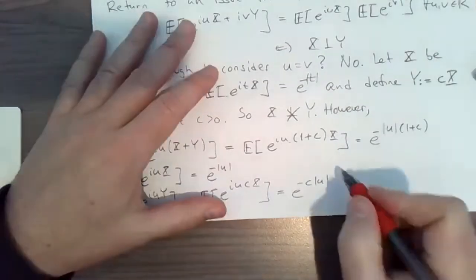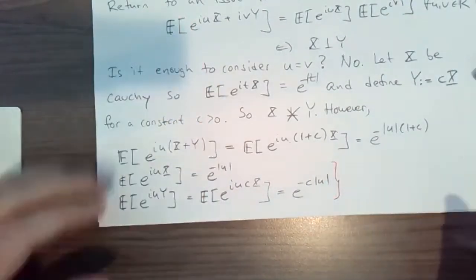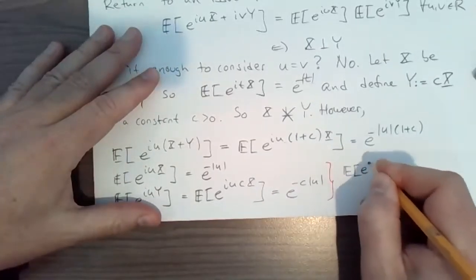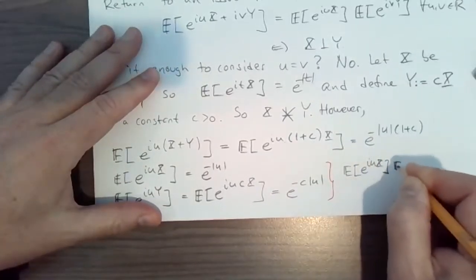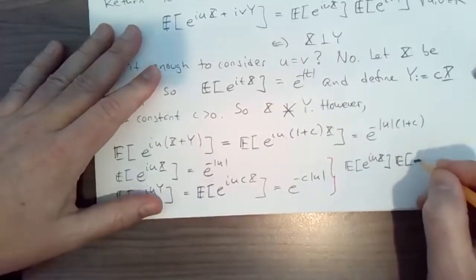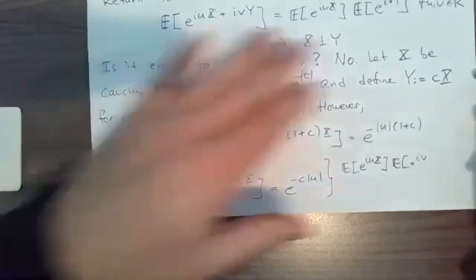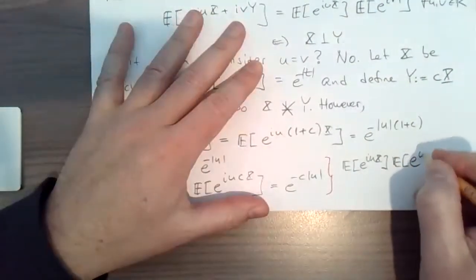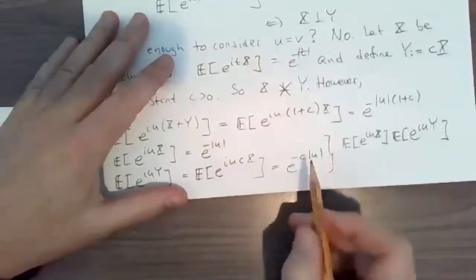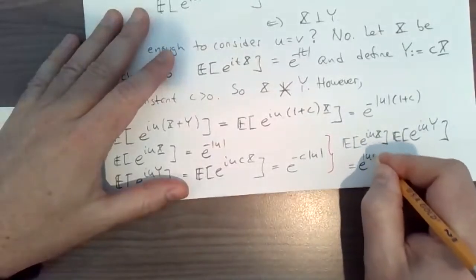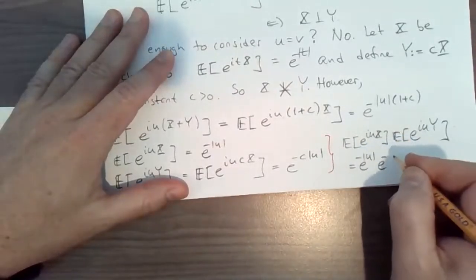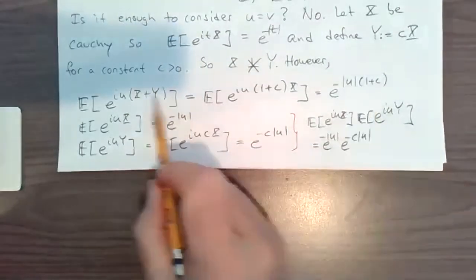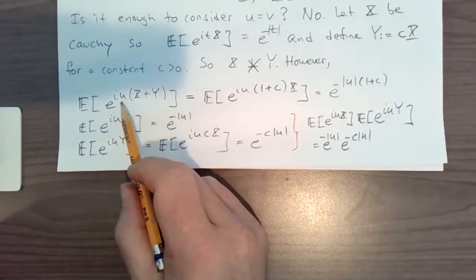If you combine the last two, the product of the marginal characteristic functions is e to the negative c times the absolute value, and that is exactly the same as the joint characteristic function evaluated on the diagonal.